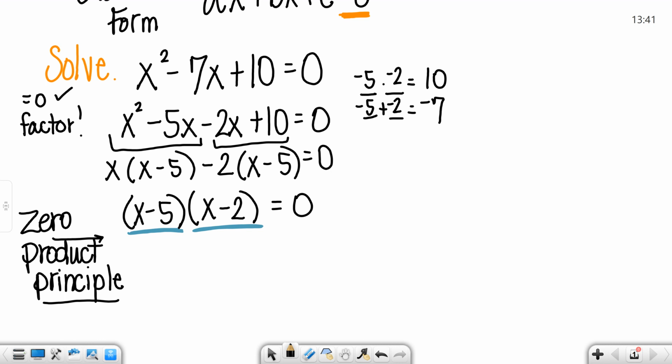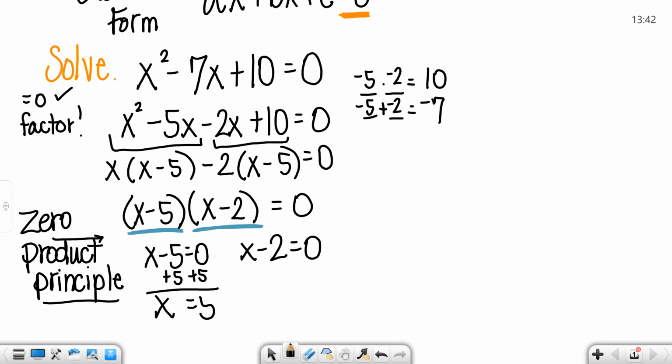That's really all the zero product principle means. So we set both of them equal to 0. Once you get it factored, you set each factor equal to 0 and solve. Adding 5, we get x is 5. When we solve this one, we get x is 2.